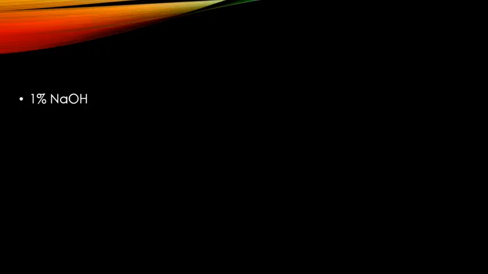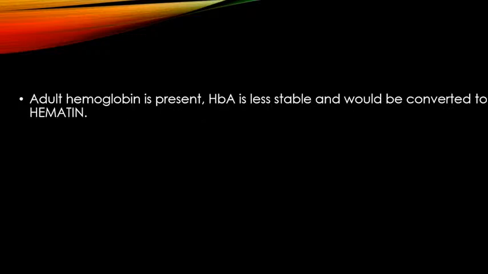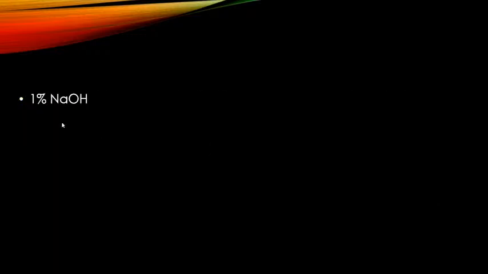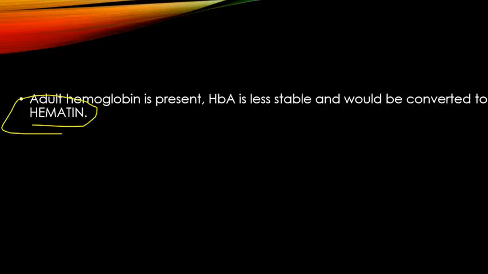So we can confirm the negative result or the positive result using sodium hydroxide. Why would the supernatant turn yellow after the addition of an alkaline reagent? Adult hemoglobin may be present, and HbA is less stable and is oftentimes converted to hematin. Okay? So that's the reason why we need to confirm it using 1% NaOH. Alright? Clear? Cool beans?